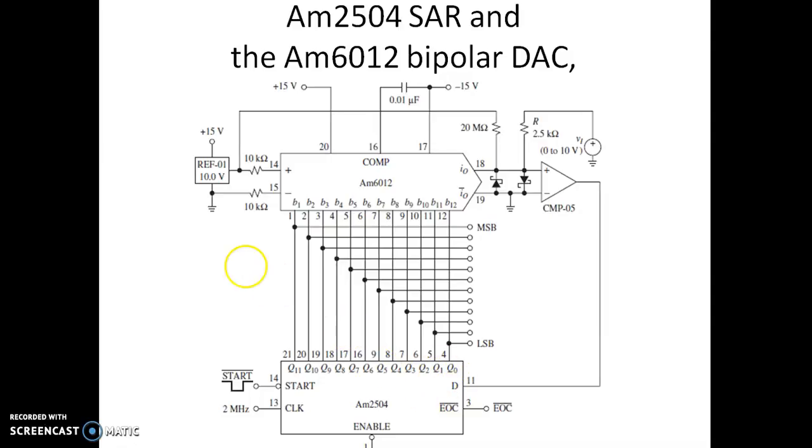Depending on the signal, it is going to retain the value of the MSB bit as 1, or it will make the next MSB bit 1, and that process continues. All these things will happen upon giving a start signal. After the n number of clock pulses, in this case n equal to 12, after 12 clock pulses, the EOC bit will become high.